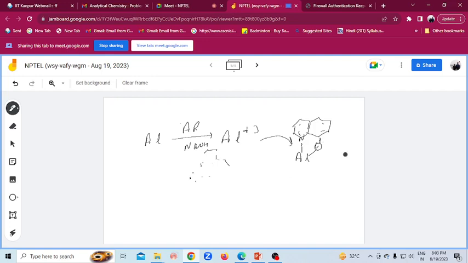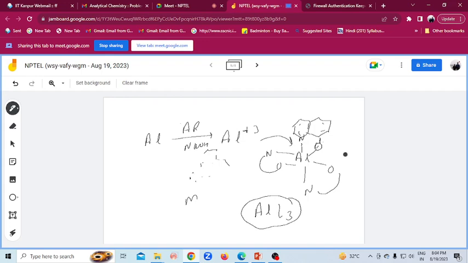Similarly, two more molecules can be attached, and it will make AlL3, meaning 3 ligands will be there.